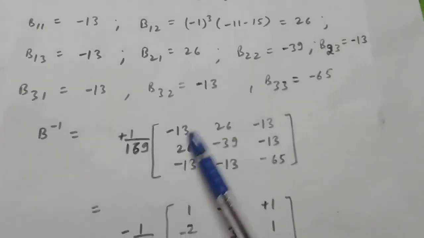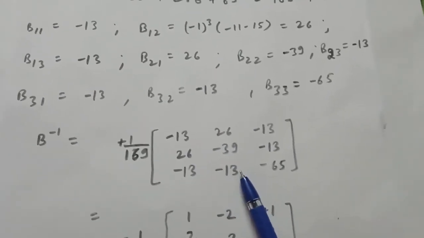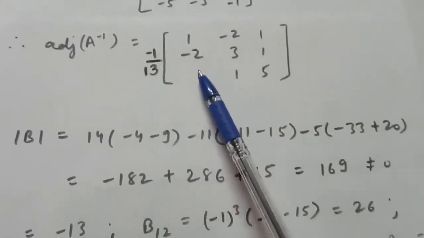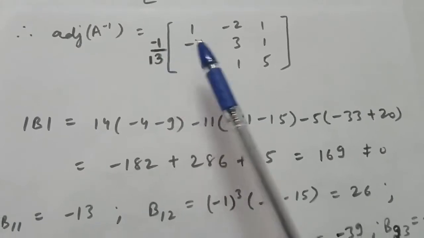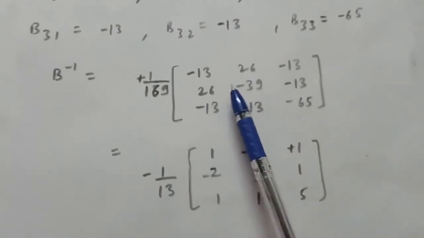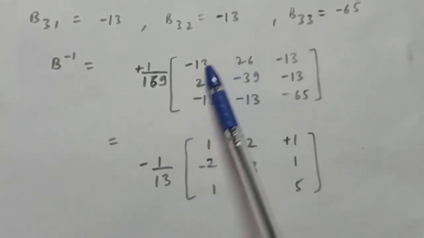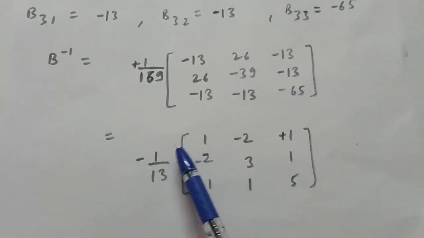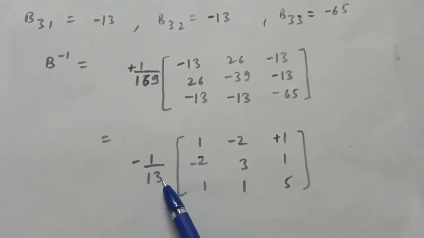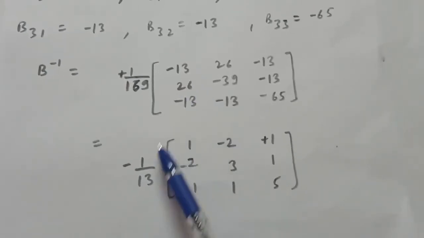We want to show this adjoint of A whole inverse equal to adjoint of A inverse. Now adjoint of A inverse is this matrix which is minus 1 by 13 into this. Therefore from this matrix take out minus 13 common. So when you take minus 13 common, the outside number, this 1 by 169, will become minus 1 by 13 and inside you will be left with this matrix because you have taken minus 13 common.